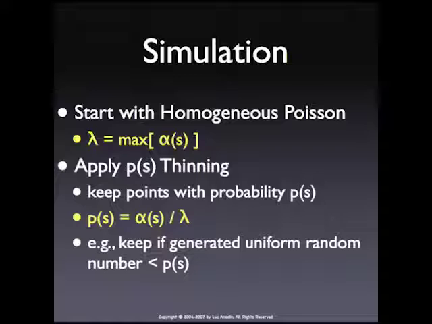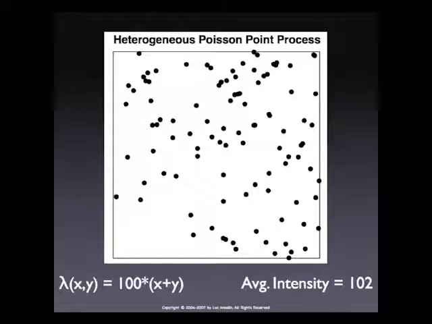So up here, the intensity of the process would be 200 on average. But down here, the intensity of the process would be 0. And as you move up, the process gets denser and denser. And so you see this kind of empty space and some notion of clustering.